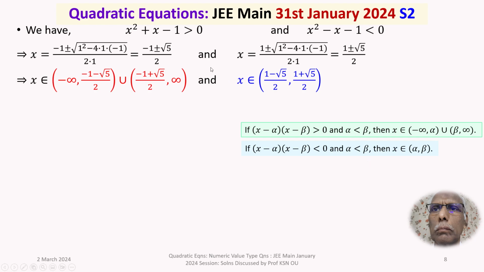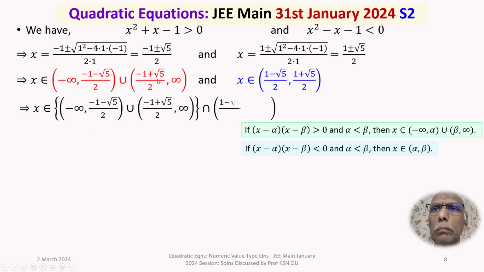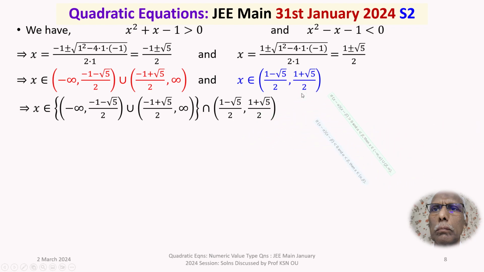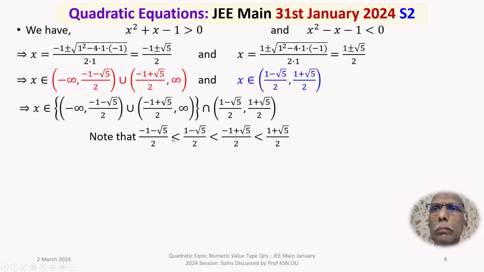Because it is the intersection. So x belongs to the union of these two intervals, intersection this open interval. Now see how these roots are. Note that minus 1 minus root 5 by 2 is less than 1 minus root 5 by 2, this is negative, which is less than minus 1 plus root 5 by 2, this is positive, which is less than 1 plus root 5 by 2.